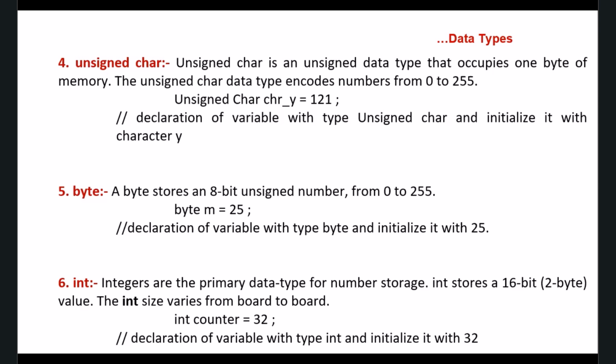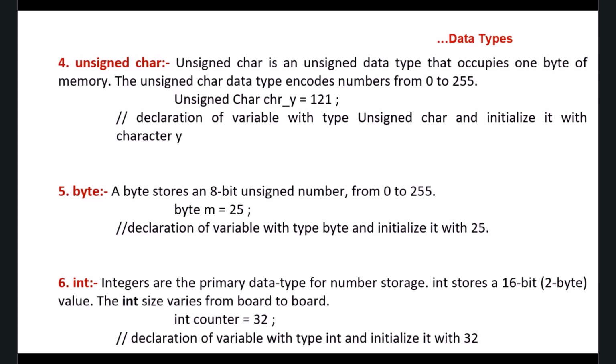Byte data type. A byte stores an 8-bit unsigned number from 0 to 255. Let's take an example of the same, that is byte m = 25. This is the declaration of the variable with type byte, initialized with 25.